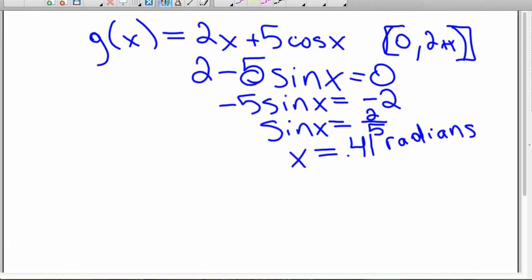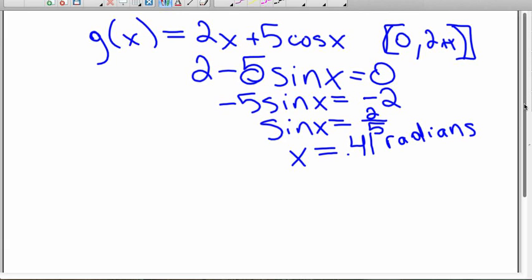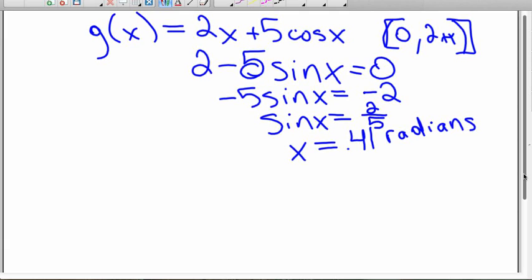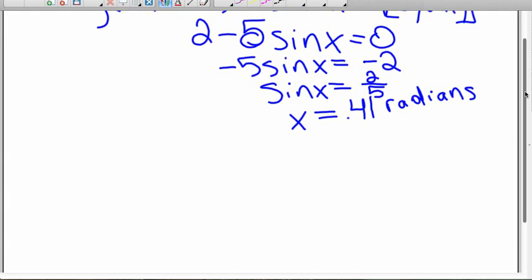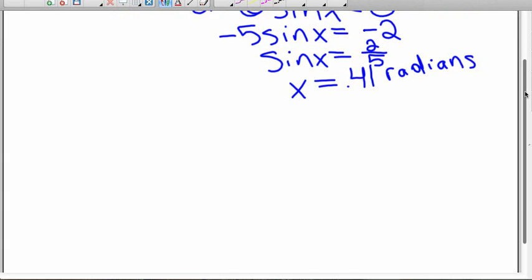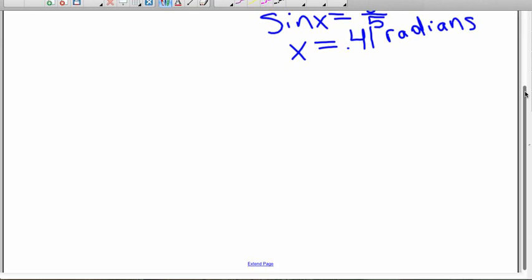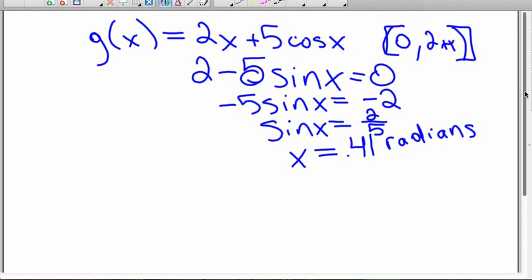So now you would check. You would draw your little graph. You plot the endpoints and the critical point, and you would check on each interval. You're missing the critical point.